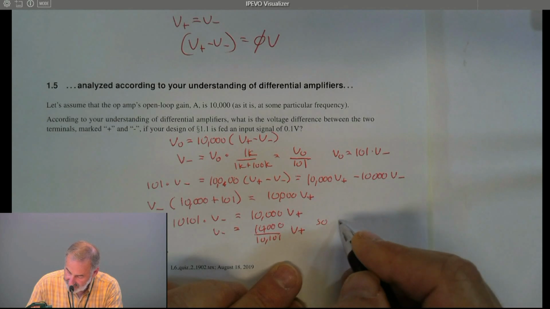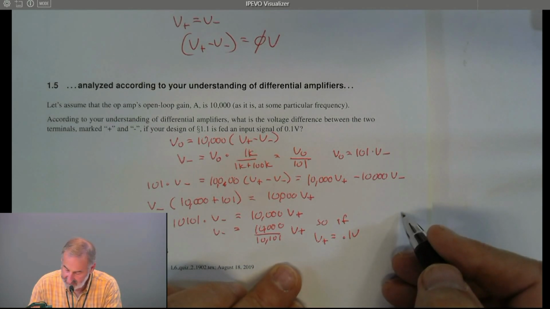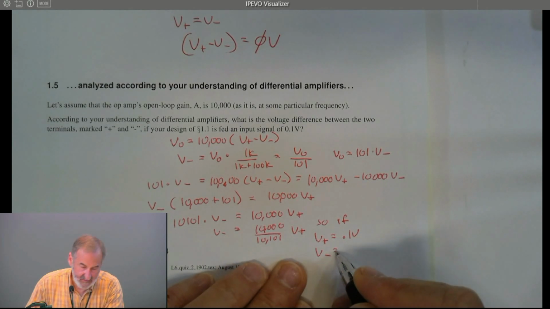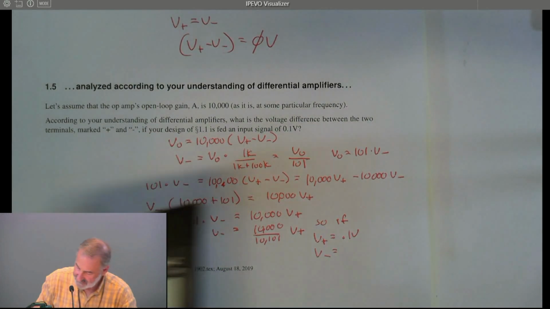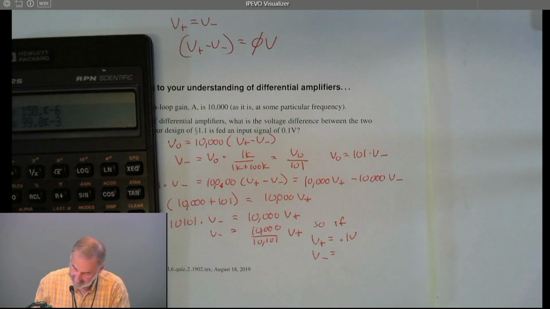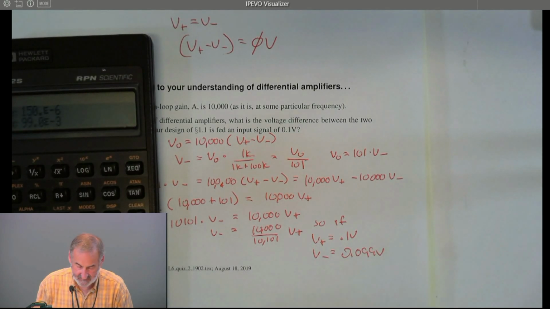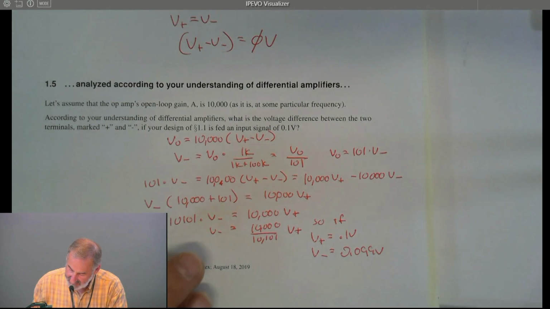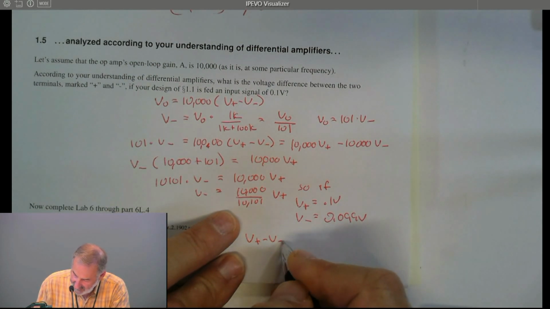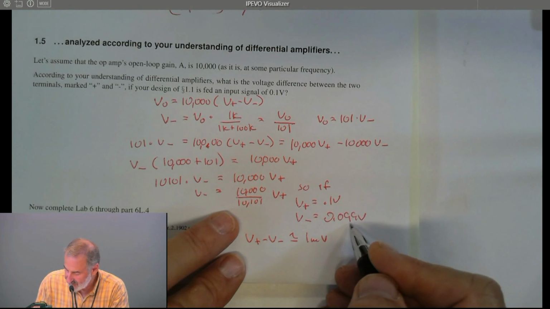So if V plus is equal to 0.1 volt, V minus is equal to 0.1 volt times 10,000 divided by 10,101, which equals 0.099 volts, 99 millivolts. And that says that V plus minus V minus is approximately equal to 1 millivolt: 0.1 volt minus 0.099 volts.